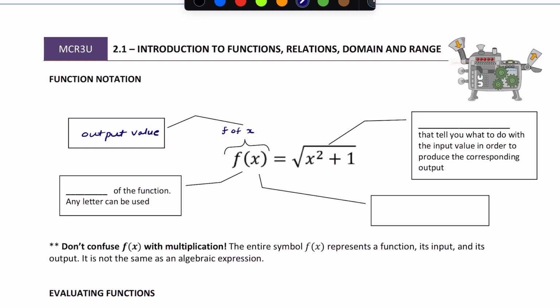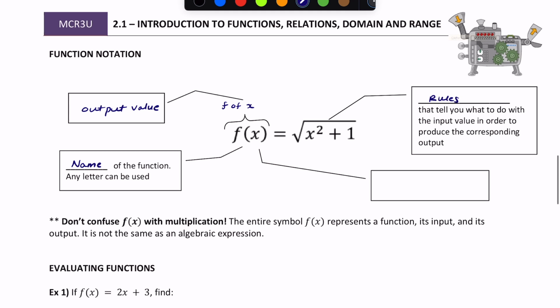The f is the name of the function, and any letter can be used. And then the square root of x squared plus 1 here is the rule that tells you what to do with the input value in order to produce the corresponding output value, and the x here is the input value.